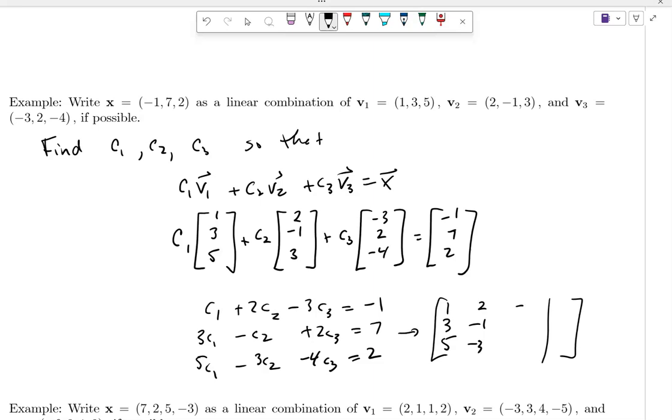My third column will be negative 3, 2, negative 4. And the fourth column will be negative 1, 7, 2. Notice that the columns of the matrix we just formed from this system of equations are the same as if I would have just taken my three vectors to start with and popped them in columns, and then put my fourth vector as the column on the end.